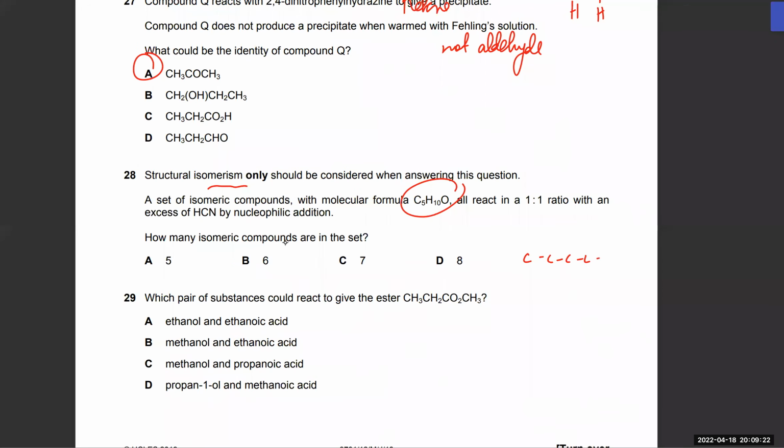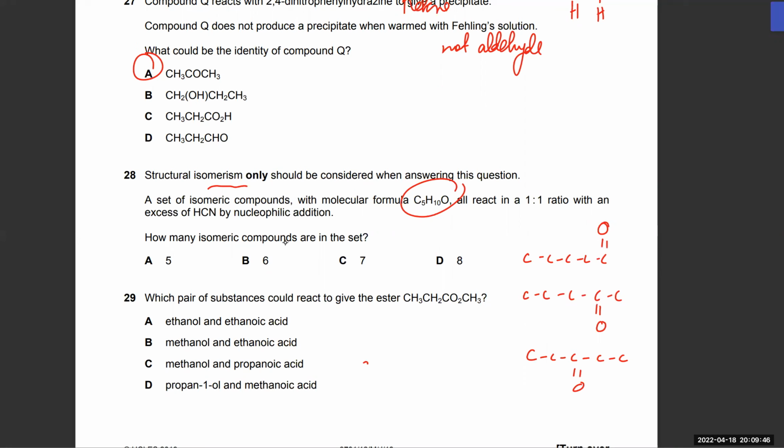One would be the straight chain one, right? The double bond O is at the end. Then you can have, so this is going to take a long time, the double bond on the second carbon. Then you can have the double bond on the third one. So those are your positional isomers.